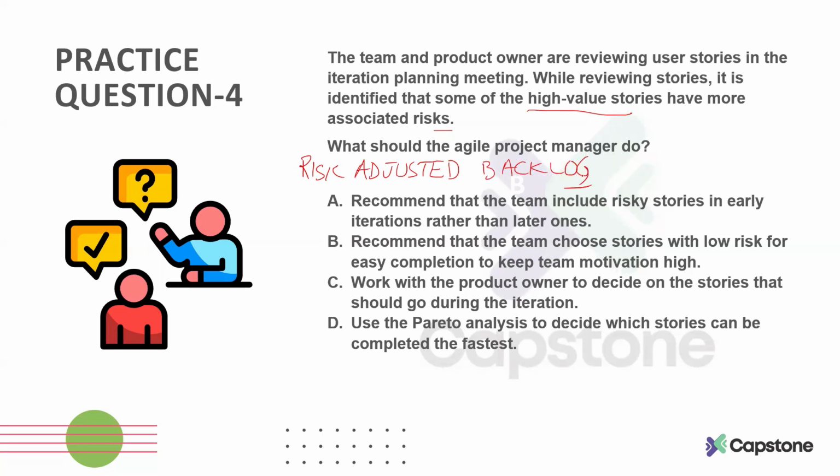What this suggests is that if you have user stories which you think are more risky, you do not have much information or knowledge or understanding of how these will be developed. They have a lot of complexity and uncertainty around them. The team is uncertain how to work on those user stories.